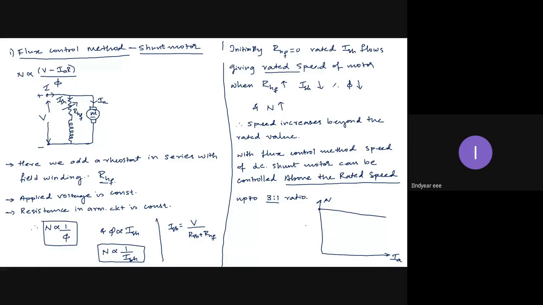Let this be the rated speed. So if this is the speed curve without RF, when I include the shunt field rheostat, the speed will increase. So this is with RF. As I increase the resistance, flux decreases, so speed increases.